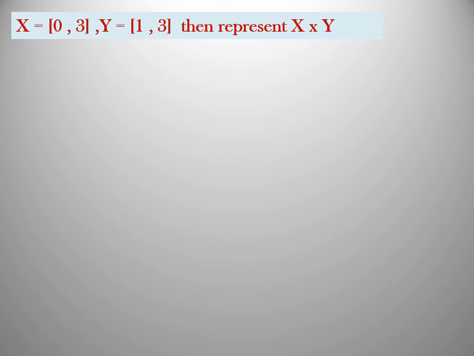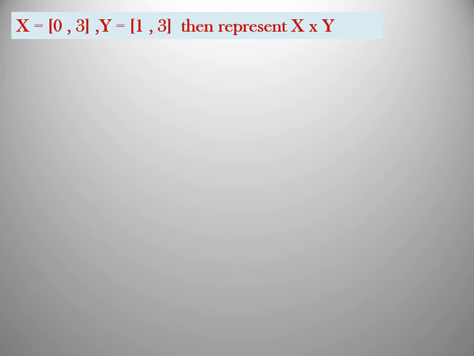I talk about intervals, because I have all the numbers between 0 and 3, including 0 and 3, because it's a closed interval. And y equals the closed interval 1 and 3. And I want to represent x crossing y.